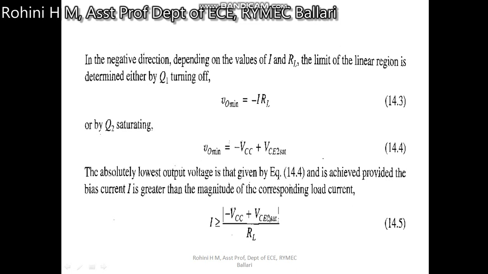V by R. V is minus VCC plus VCE sat, divided by RL. It is the magnitude, the sign is not considered. So when I is greater than this, Q2 saturation is assured. So the transistor will operate in this region. This is the condition to be satisfied.